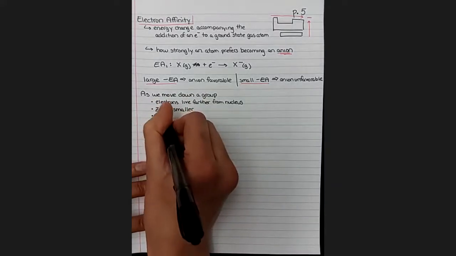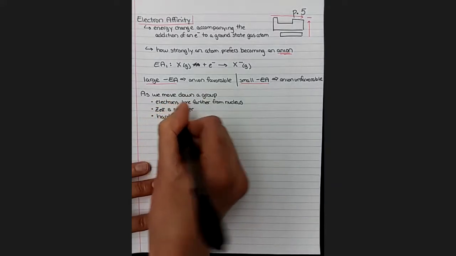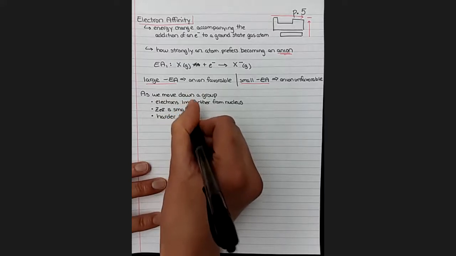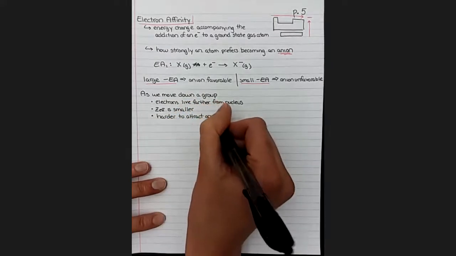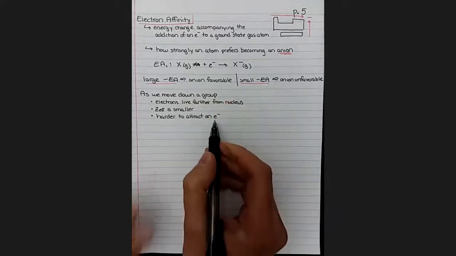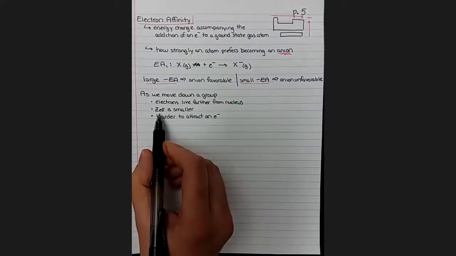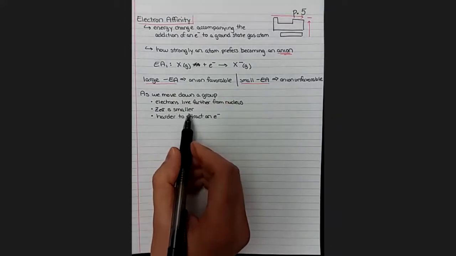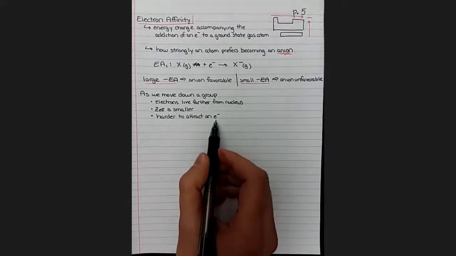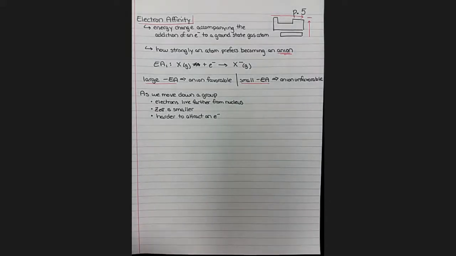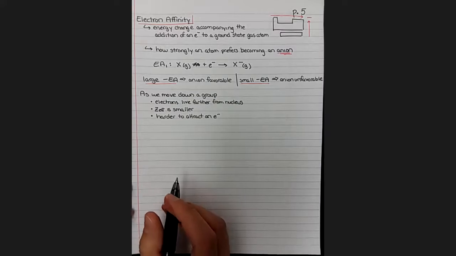And that means that it's going to be harder to attract an electron. Because think about what you need to attract a negatively charged electron is a positive nuclear charge. And if the electrons on the outside can't feel much of the positive charge anymore, then electrons probably aren't going to be drawn in if they can't really feel that positive charge.